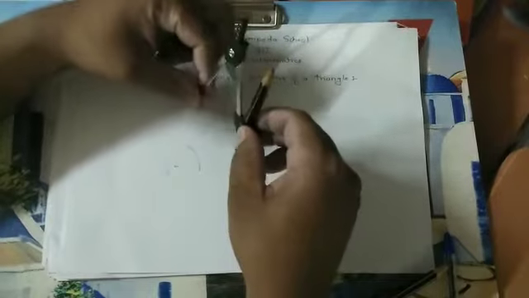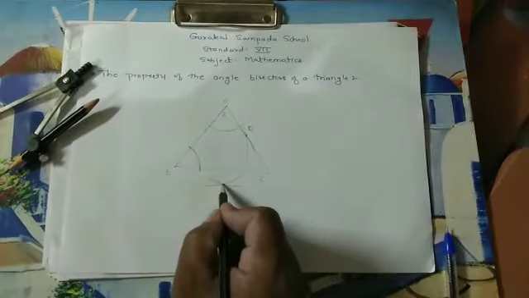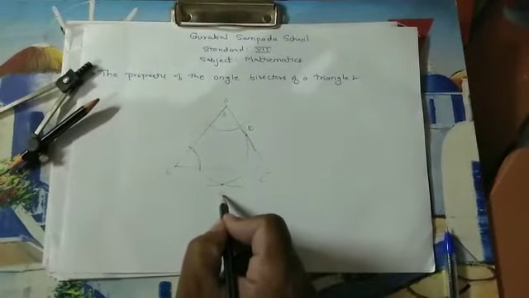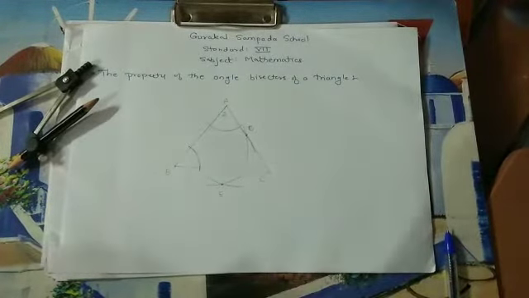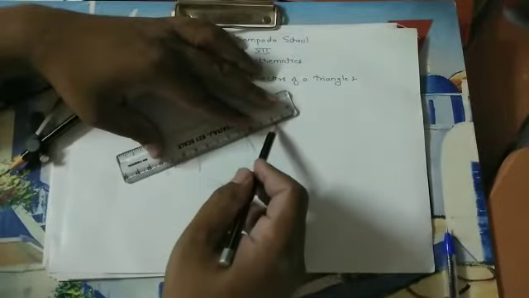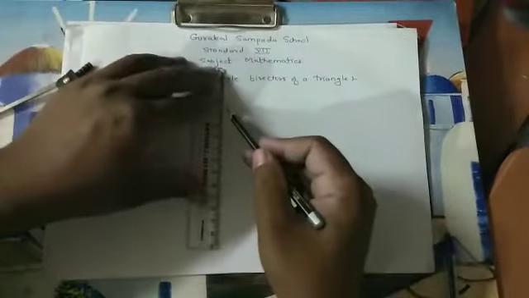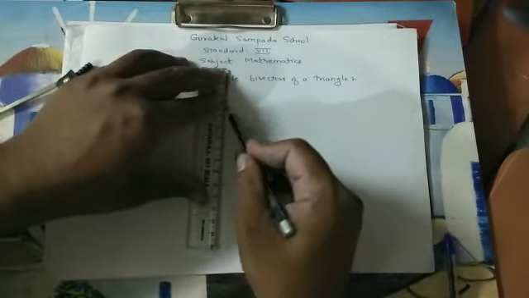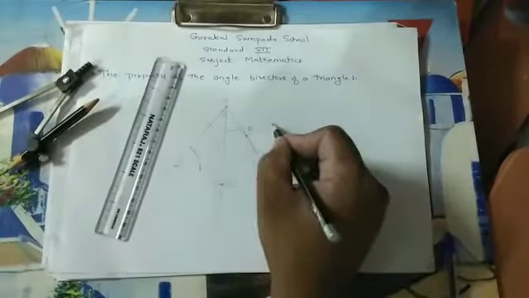We keep the compass first at this point and mark an arc, then again at the second point and mark an arc. Where these arcs intersect, we give the point the name E. So first we draw the angle bisector of the first angle, then the angle bisector of the second angle.